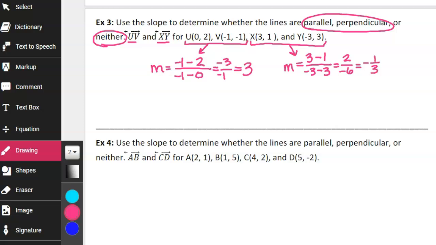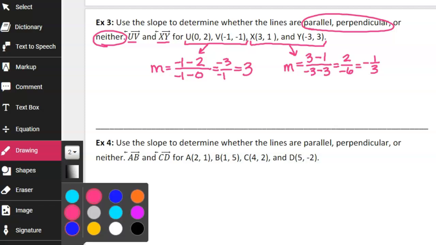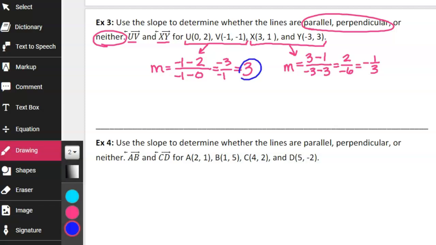So I'm supposed to be comparing this slope and this slope. Well, they're definitely not the same, so those lines can't be parallel. But let's see what happens when you multiply them together. 3 times negative 1/3 is equal to negative 3 over 3, or just negative 1.